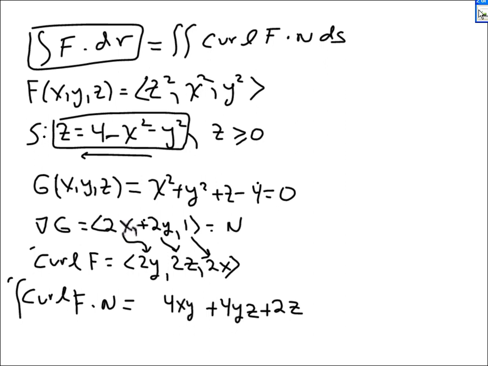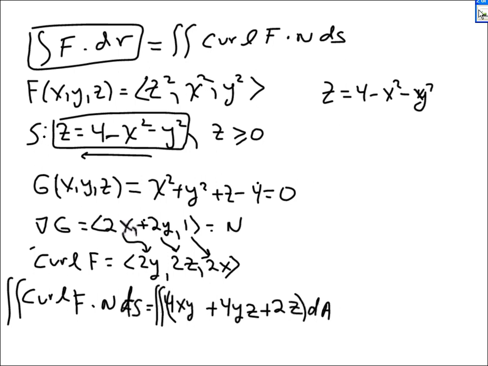Well, if I take the double integral of both sides with respect to s, what happens? Now, in this case, if you think about it, s is a. So it is just dA. Alright. What is the area that we are integrating? Well, you know that z is equal to 4 minus x squared minus y squared.